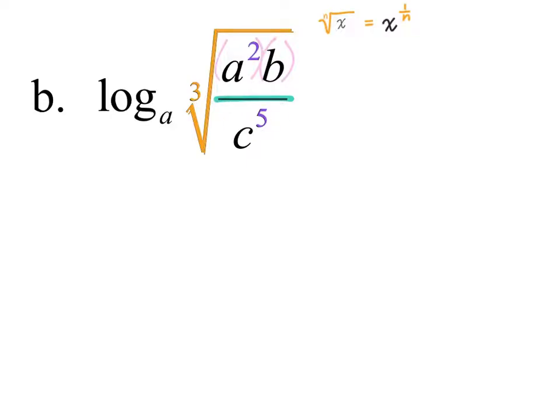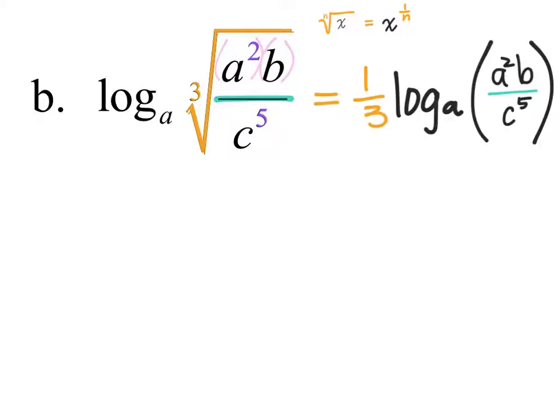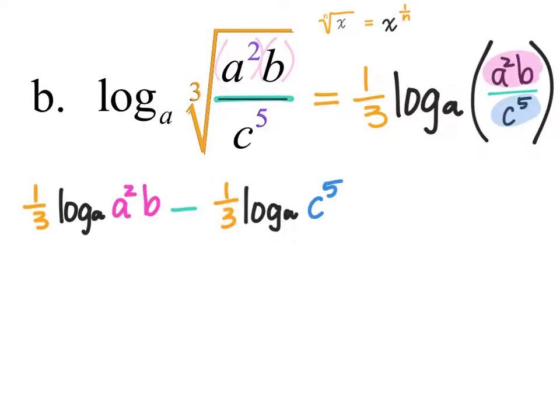So our first step in expanding this is going to be 1/3 log base a of a squared b over c to the fifth power. Next, we're going to apply that quotient rule and split that apart into a subtraction of logs. So we're going to have 1/3 log base a of a squared b minus 1/3 log base a of c to the fifth.